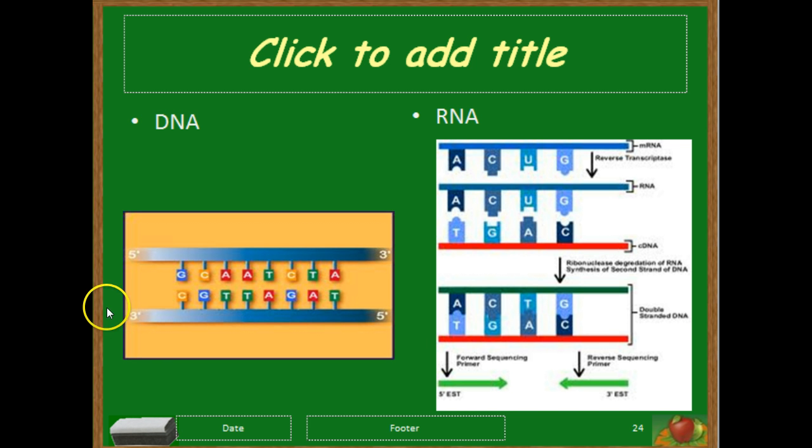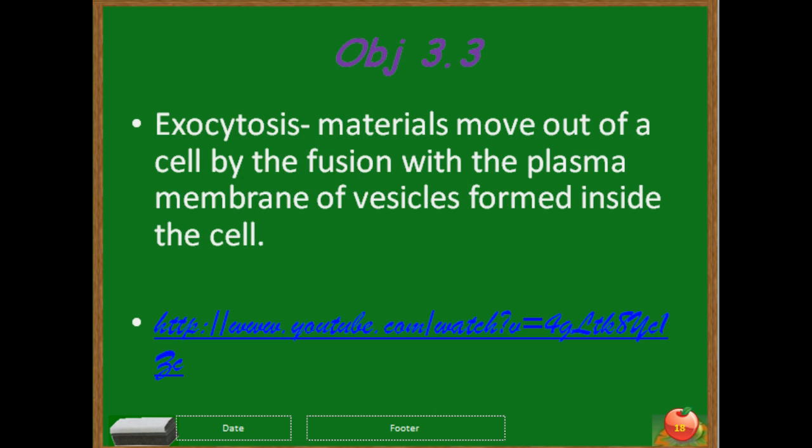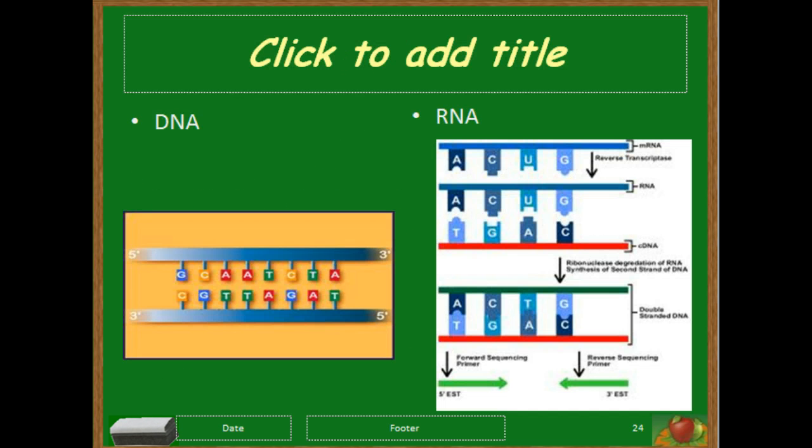So if we look right here at DNA, we see what happens with DNA. In order to actually get it to replicate, we know it has a double helix. Let me see if I have a picture. Okay, I don't have a picture of this. But DNA is like a double helix. It looks like a winding staircase. So we have to separate those two, and when we do, we end up with two strands of DNA.